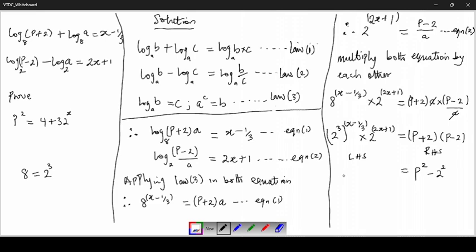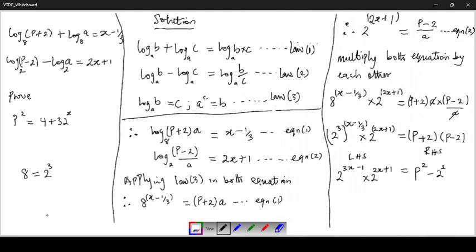So at this point, for the left hand side, 3 multiplying the power of x, we have 2 raised to the power 3x, and then 3 multiplying 1 over 3 would give me minus 1, and then we have times 2 raised to the power of 2x plus 1.